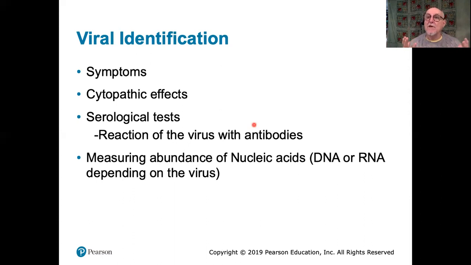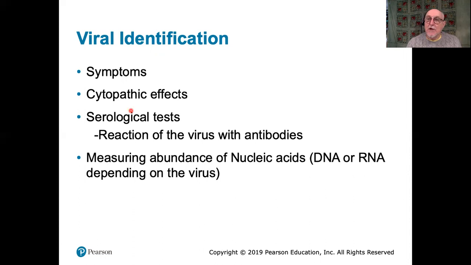You have to look at the whole scope of the disease in order to define it by the illness that it produces. In culture, for example, in cell culture, we can recognize cytopathic effects, specific changes that take place in the cells that are infected. The third really important way is for viruses which have been defined and characterized in the laboratory.